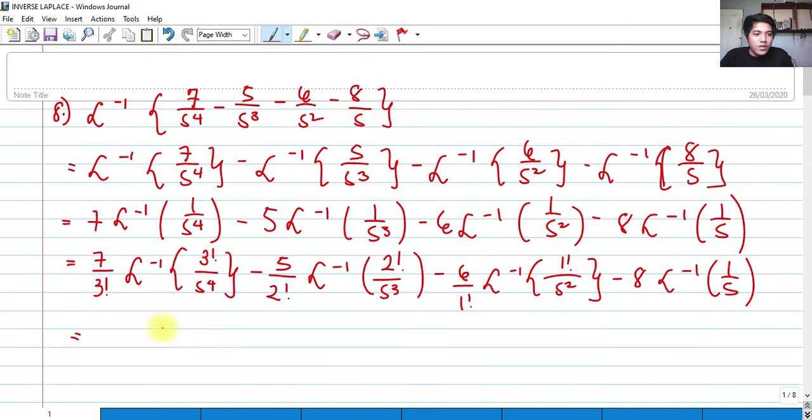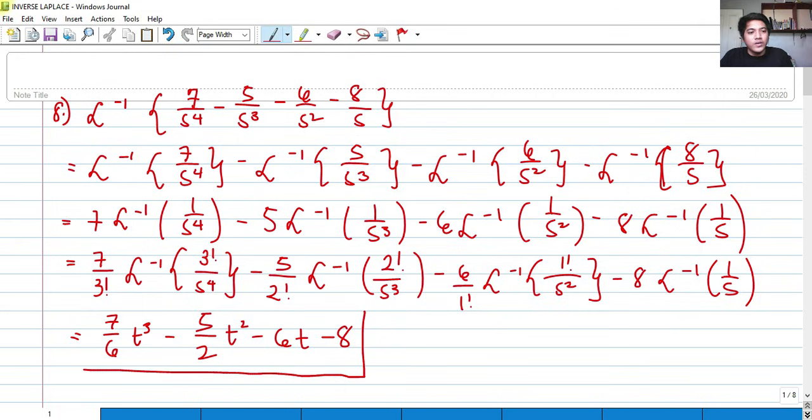So our answer would be 3 factorial, 1 times 2 times 3, is 7 over 6 t cubed. Minus 5 over 2 factorial, which is 2, t squared. Whatever the value of the factorial, this would be our exponent in the t. So minus 6 t, minus 8. So this should be our answer for our last problem involving inverse Laplace transform.